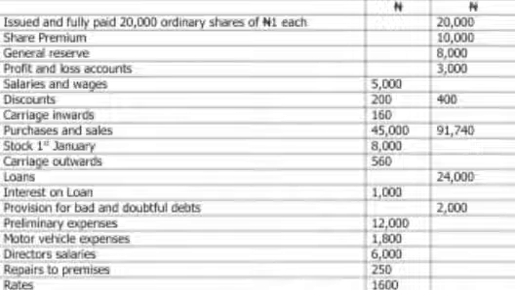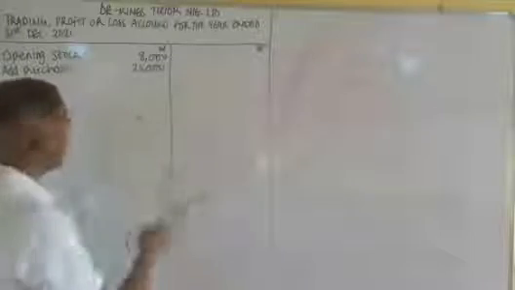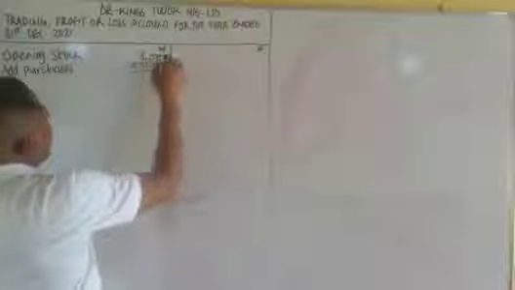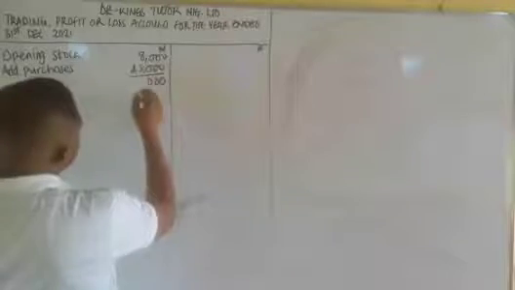Okay, the next one is add purchases. Purchases is 45,000. And if we add it, we have 53,000.